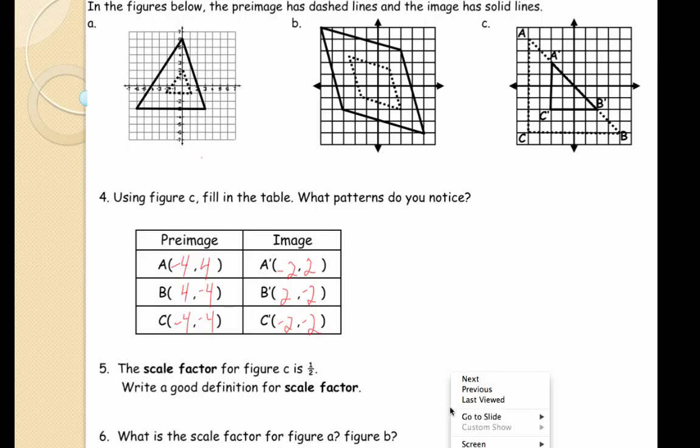Now, what happened from each of these? What is the pattern? Basically, every component stayed exactly the same but got halved. Negative 4 went to negative 2 in all cases, positive 4 went to positive 2 in all cases, so everything got halved. So if I just tell you outright the scale factor for C is 1/2, then what does scale factor mean?